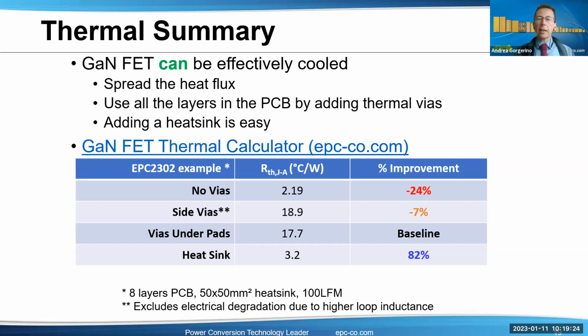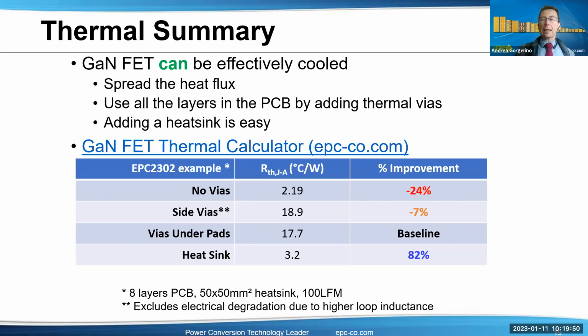So as a baseline, I've used the vias under pads. This is what we use on all of our reference designs. And you can see here, if you move the via from under the pad to outside of the package, you lose about 7%. If you remove the vias, you lose about 25%, or you increase the RTH by 25%.